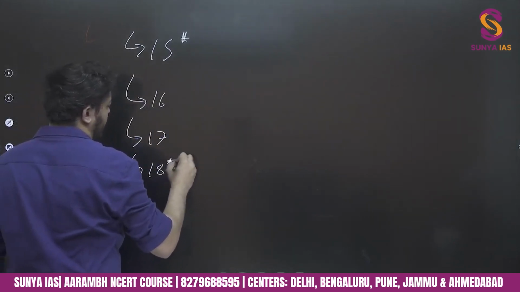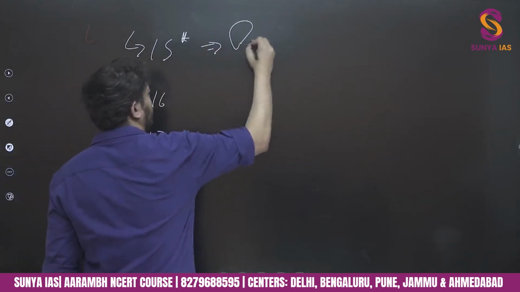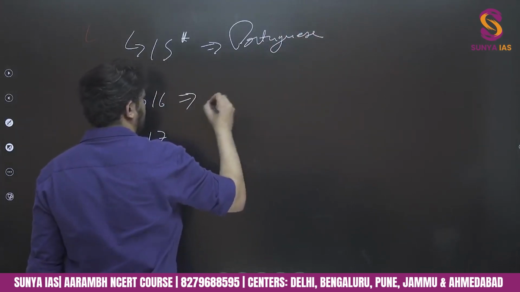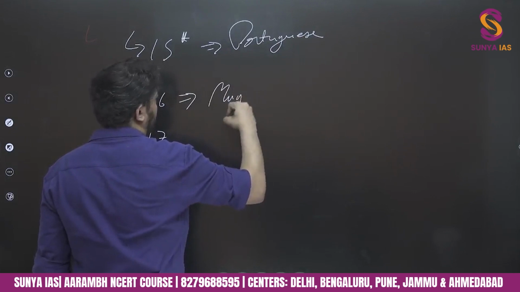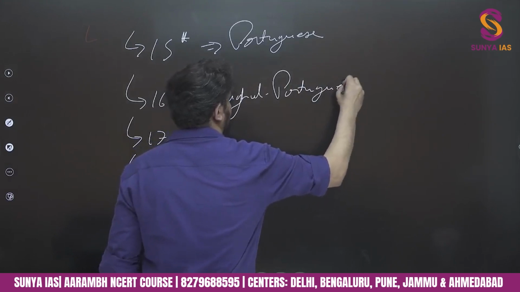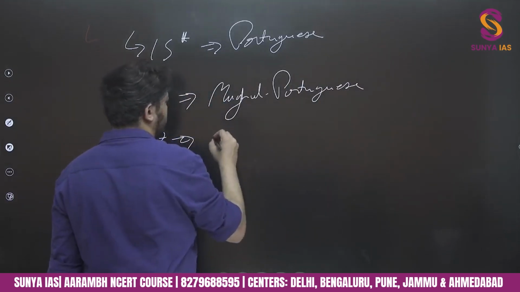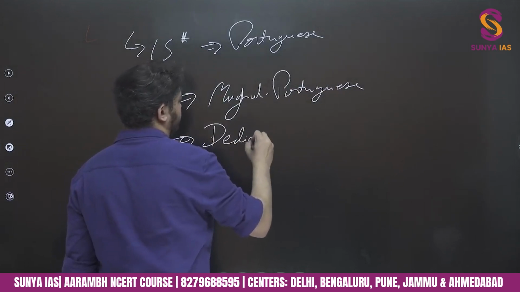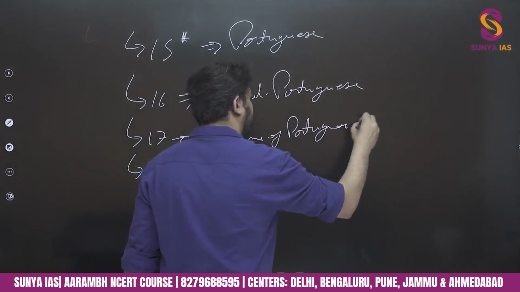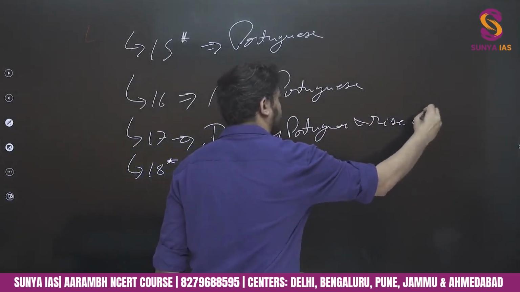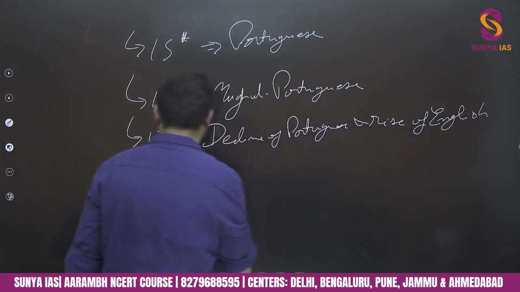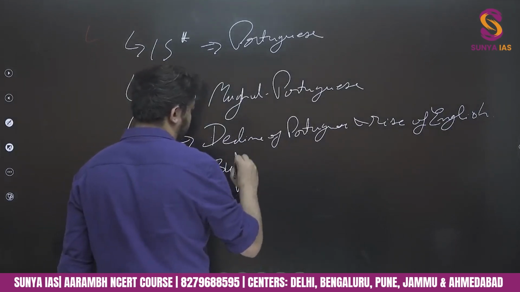Then you will write that the 15th century was led by the Portuguese, the 16th century by a combination of Mughals and Portuguese, the 17th saw the decline of the Portuguese and the rise of the English, and the 18th saw the supremacy of the English.